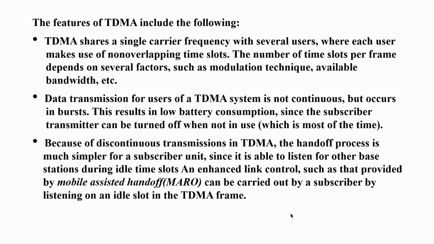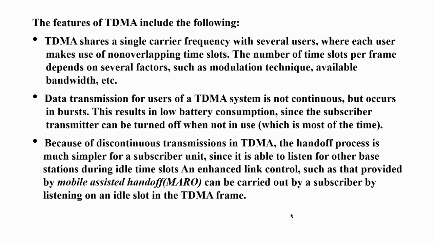The TDMA frame for different wireless standards has different types of frame structure. Next we are going to discuss the features of the TDMA system. As I have mentioned, TDMA shares a single carrier frequency which serves several users, where each user uses non-overlapping time slots. The time slots change, but the carrier frequency remains common for all the slots.